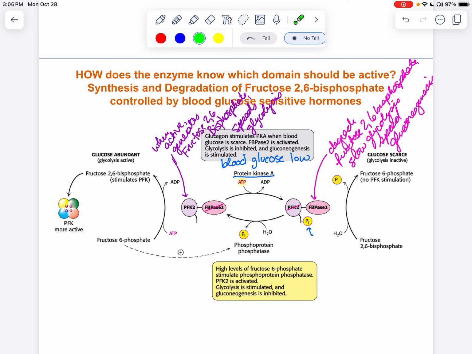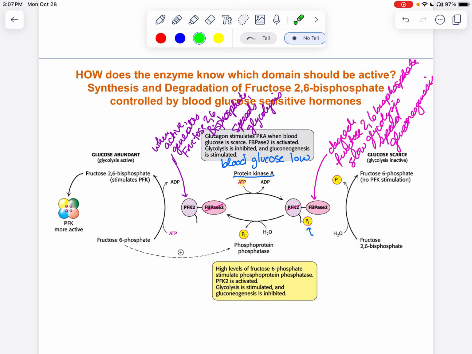Okay, and so that is going to activate this phosphoprotein phosphatase. It's going to essentially activate this enzyme that pulls that phosphate back off. Okay, and that is going to activate PFK2, which is going to allow glycolysis to move forward.